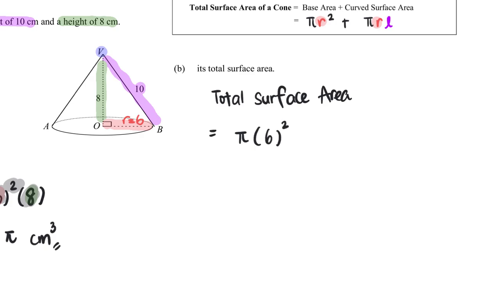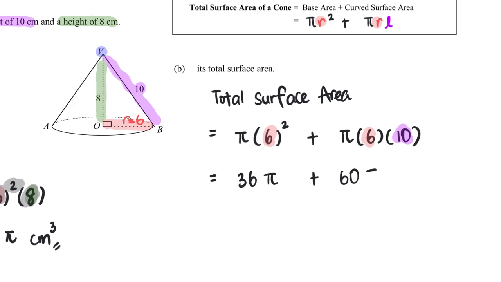This is where my radius is. I will also need to include the curved surface area, which is pi rl, 6 and 10, where radius is r 6, the slanted height is 10, and therefore I will have 36 pi plus 60 pi here.